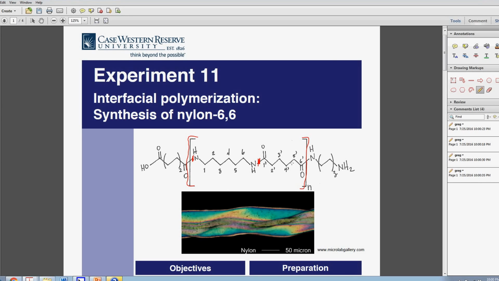And then the second portion of this repeating unit is going to be this adipic acid, or this 6-carbon alpha omega diacid.